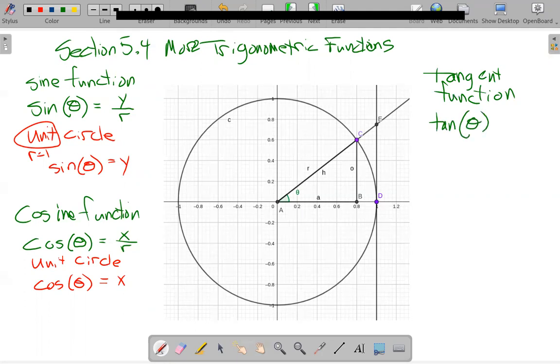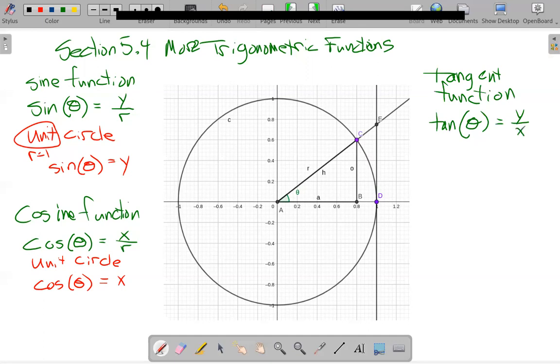right? So whatever angle I have here, theta, it looks like theta is around 30 degrees-ish here. No, it's not. It is maybe mid-30s, is defined to be the y value divided by the x value.